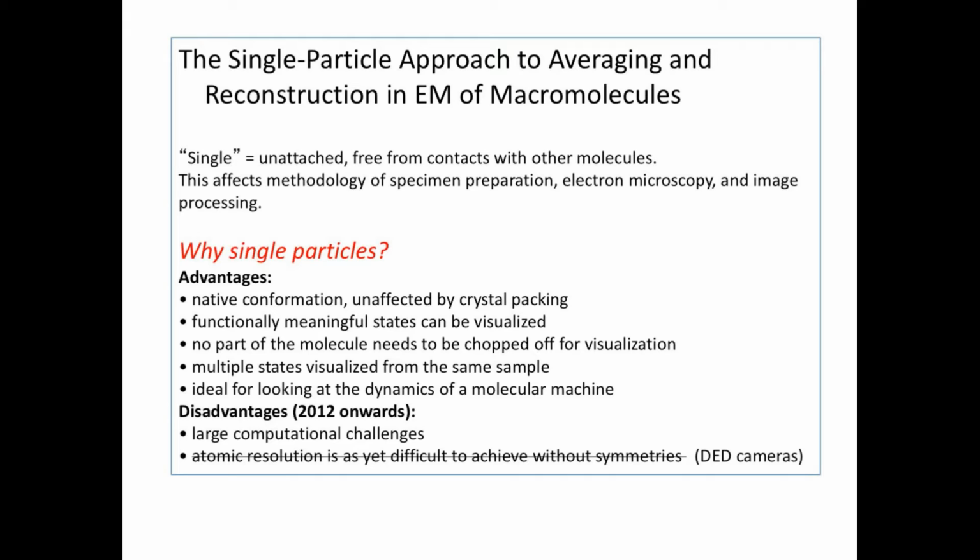So it's a completely different world since that time, and we essentially can use the same computational procedures that were already around for a very long time, but now we get much better results, and we very often get atomic resolution.